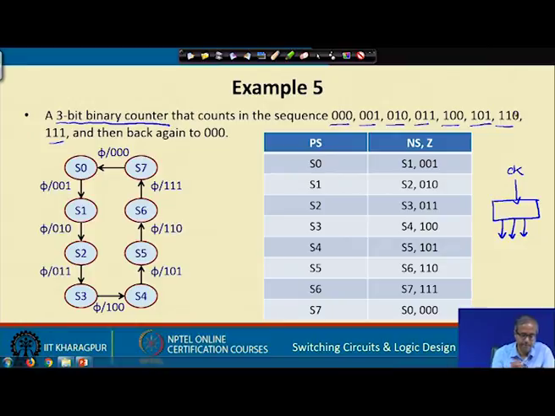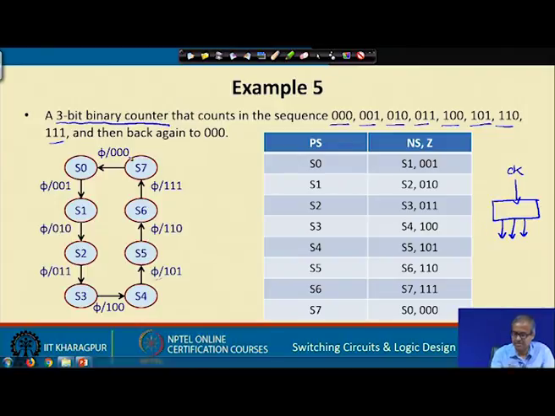So, when you are in S0 and the clock comes, with no input, you move to state 1, and your output is 0 0 1, that means now you are in 1. From S1 you move to S2 with 0 1 0, S2 to S3 with 0 1 1, S3 to S4 similarly, S4 to S5, S5 to S6, S6 to S7 and S7 back to 0 0 0.